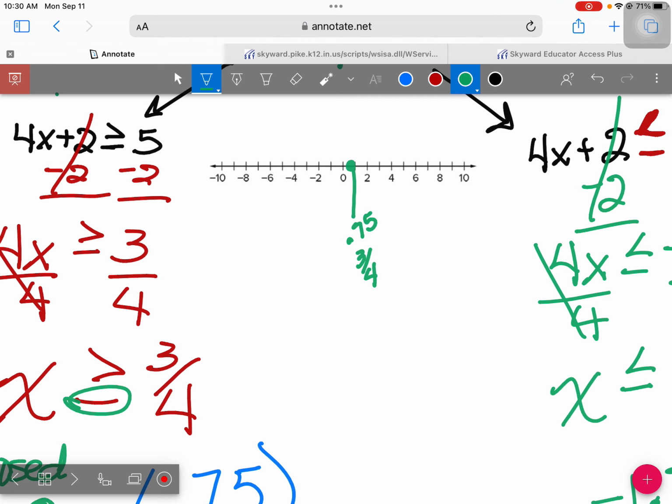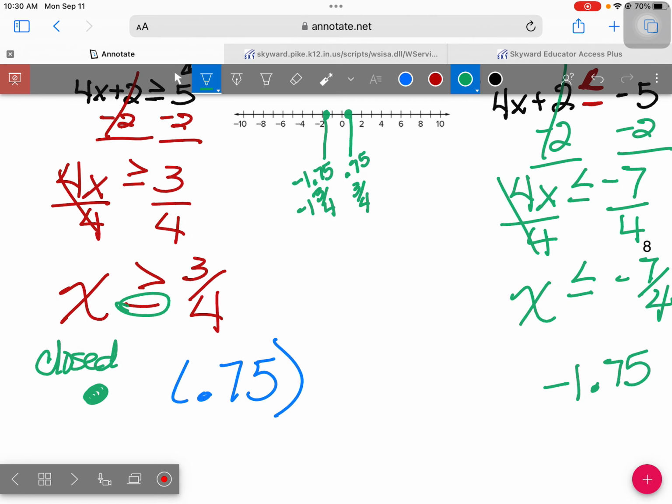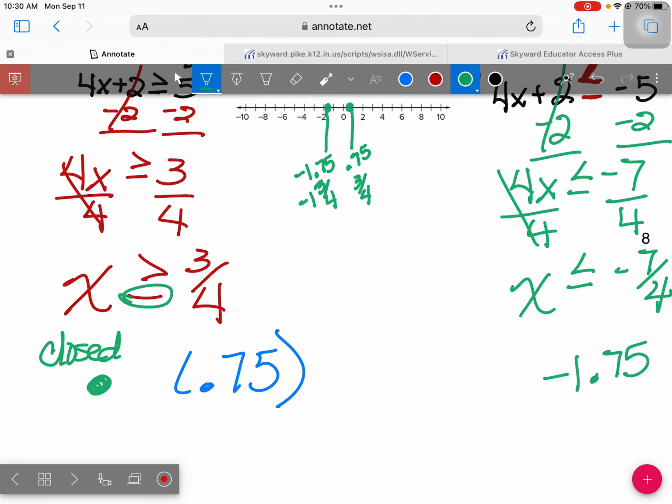If it's less than, I want values that are smaller. We call this an OR statement because this looks like a pair of rowing oars. See how they're going out? Okay, it looks like a pair of oars. So this is an OR statement.